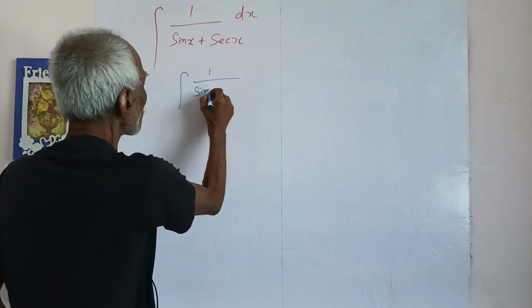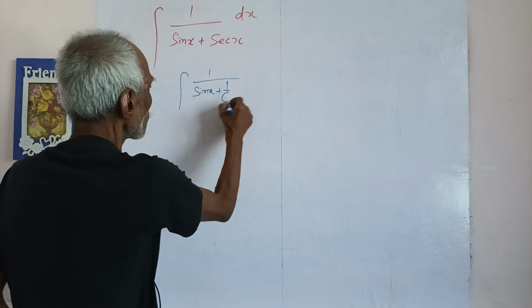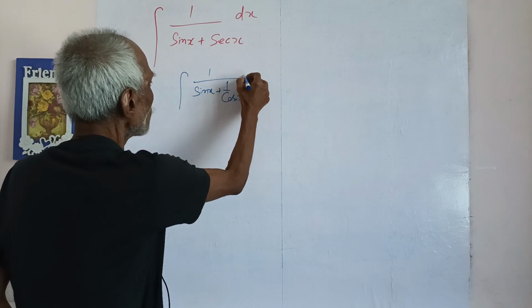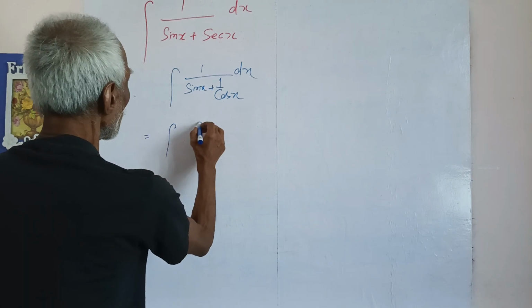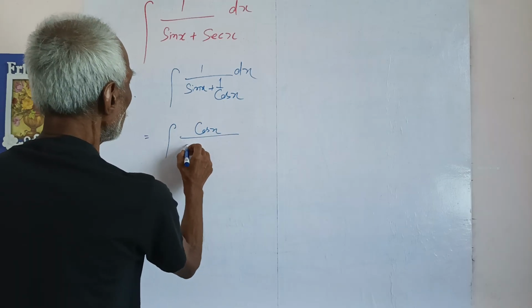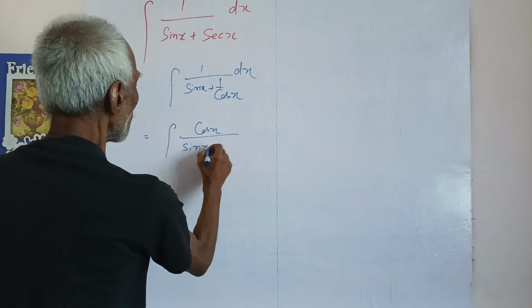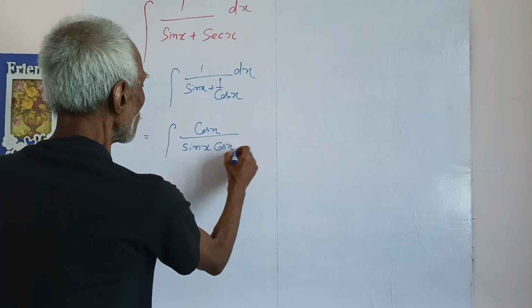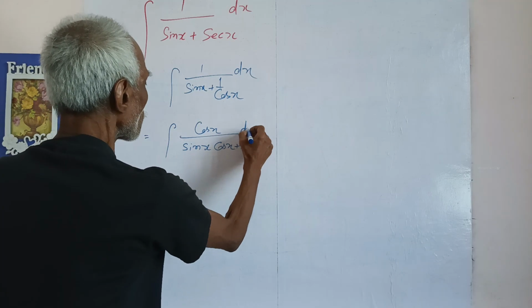The integral of 1 by sin x plus 1 by cos x dx is equal to cos x plus sin x by sin x into cos x plus 1 dx.